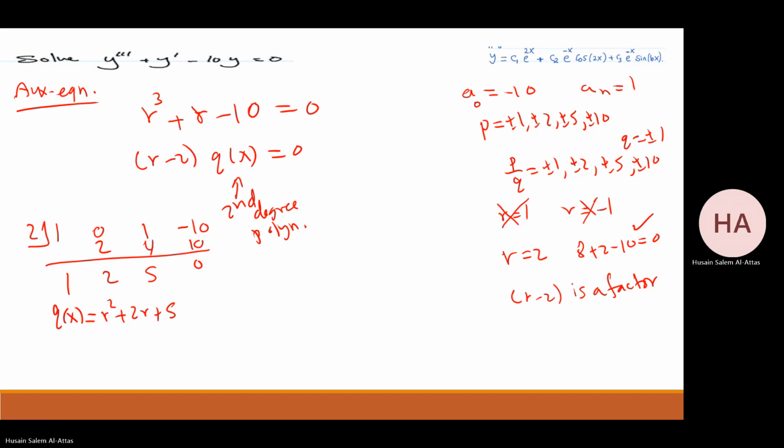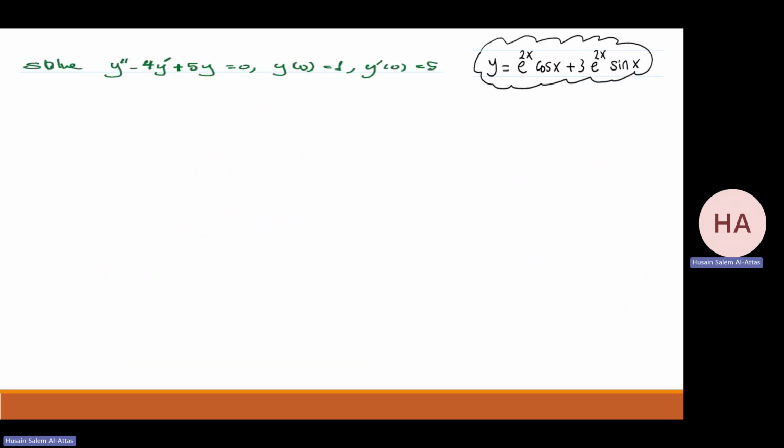To find the root, I will do the quadratic formula. I have what? r equals minus b plus or minus the square root of b squared minus 4ac, over 2. That will be minus 2, plus or minus the square root of minus 16, so it will be plus or minus 4i over 2, which is minus 1 plus or minus 2i. Oops.